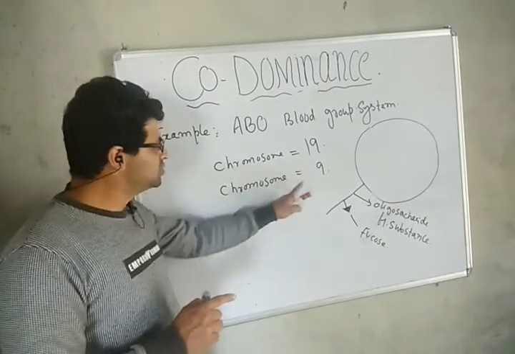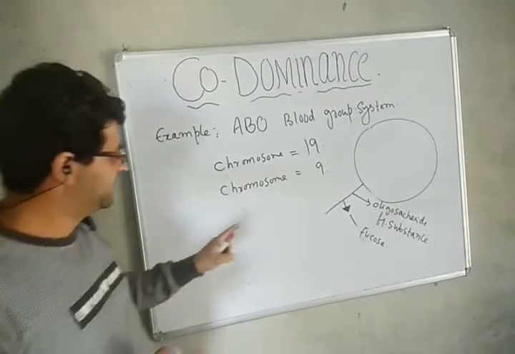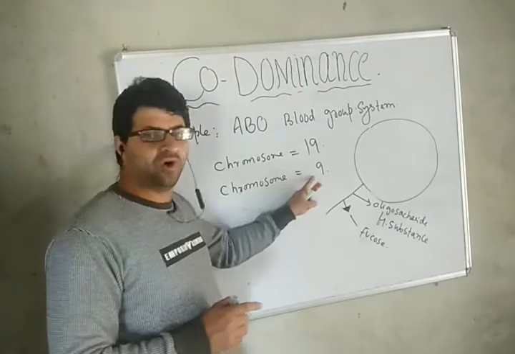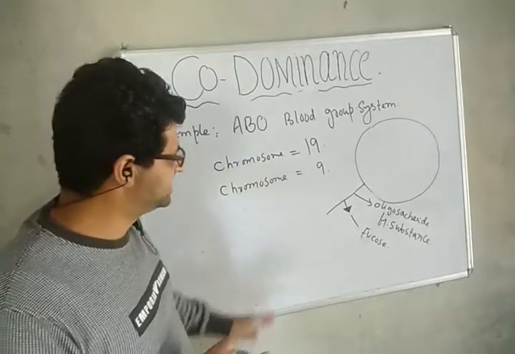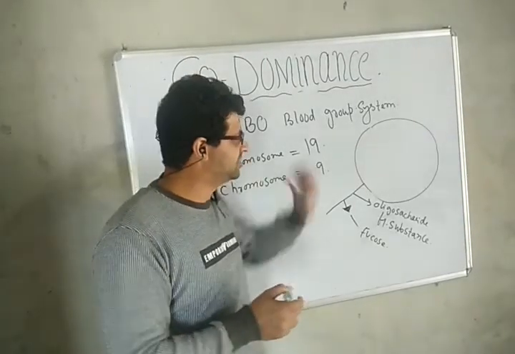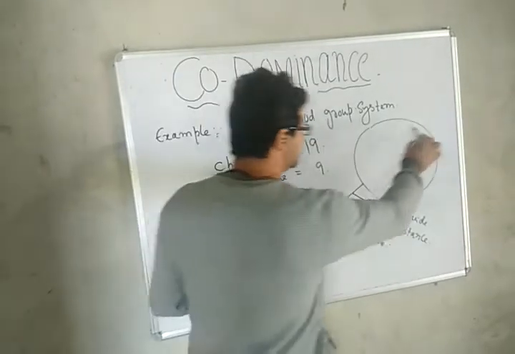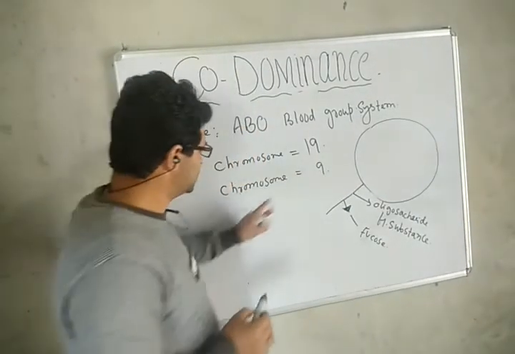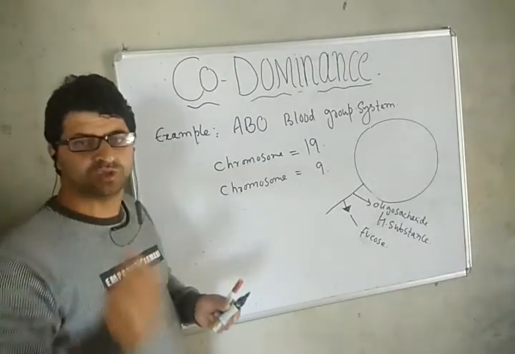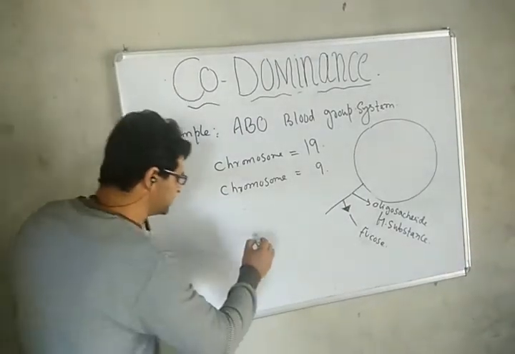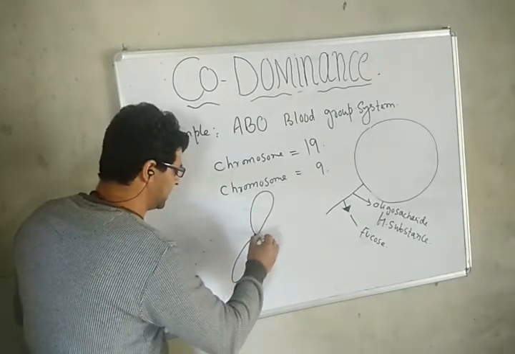And chromosome number 9 is responsible for making different kinds of antigens on the RBC of human beings. If this is an RBC, there are two chromosome number 9. Say for example, this is a chromosome number 9 and this is a chromosome number 9.